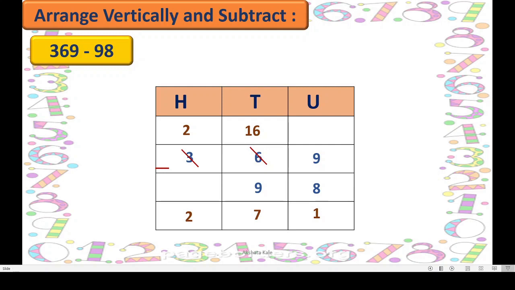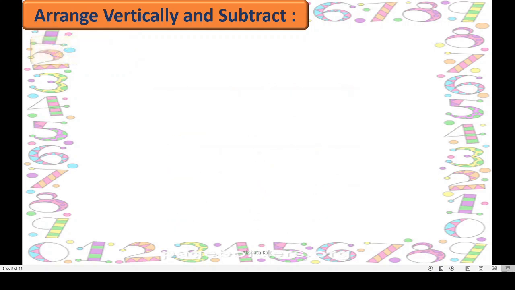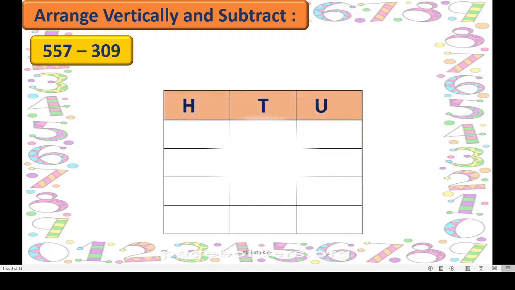Right? Third sum, 557 minus 309. This is in horizontal position. We will write in the vertical position. 557 minus 309. Always write the numbers from unit place. Okay? Now here in the unit place 7 minus 9. Not possible. Right?